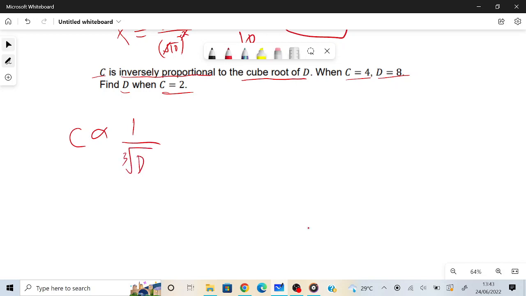So forming an equation out of this, we know we have c equals k over the cube root of d.